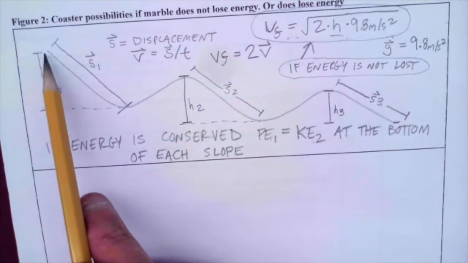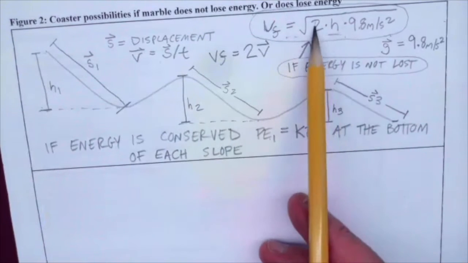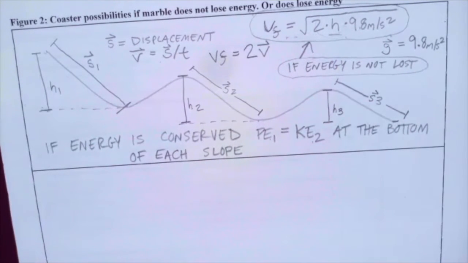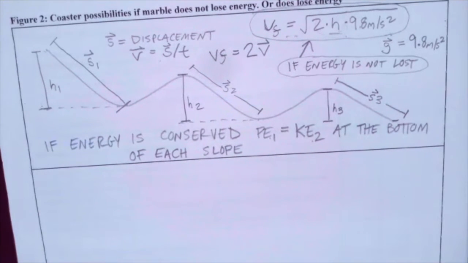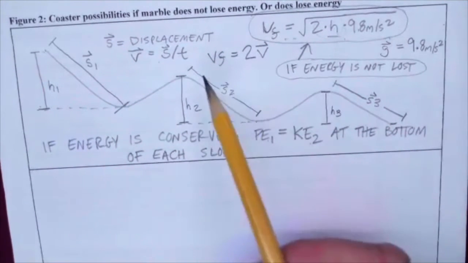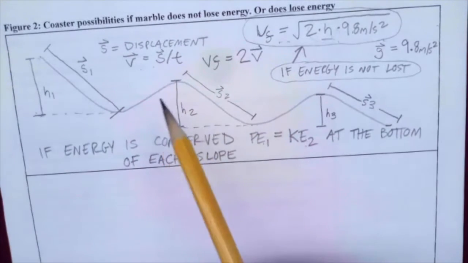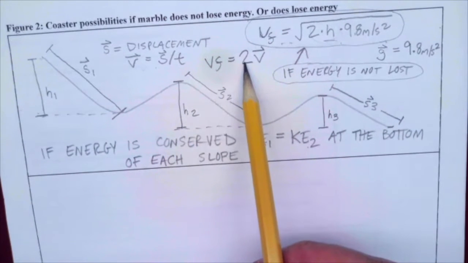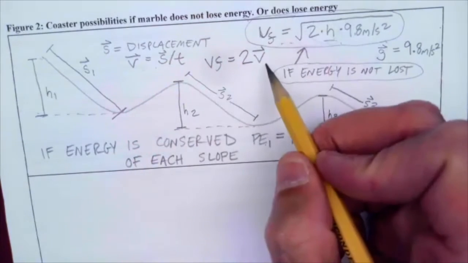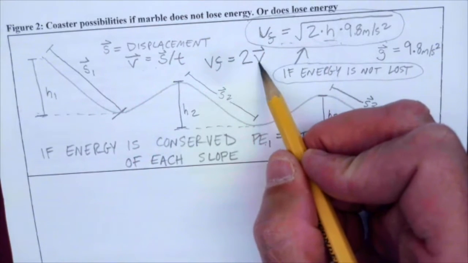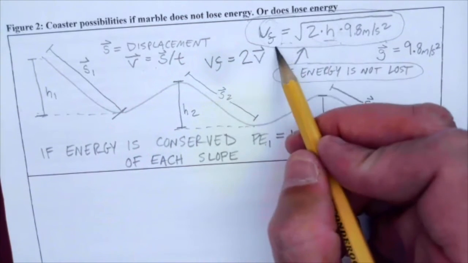If the marble gets its energy from the height, okay? So one way of testing whether energy is conserved is to measure time and calculate average velocity, and then take 2 times the average velocity and see, is this less than or equal to this velocity? You follow?